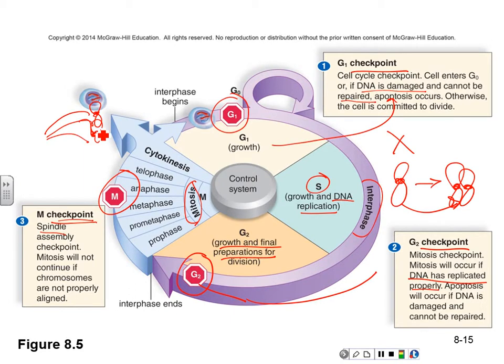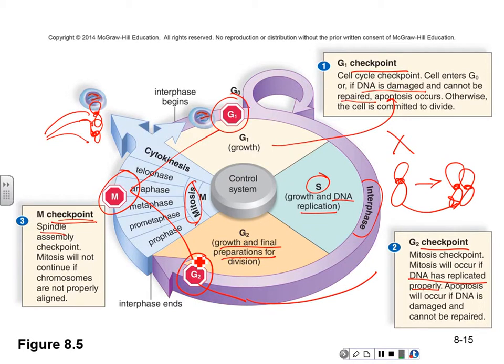So there are 3 checkpoints, and these 3 checkpoints ensure that we're not wasting time and energy if we're going to copy this cell. It would really stink if you waste all this time and energy to copy a cell, and the cell that you copy is bad. Then you have 2 bad cells instead of having 1, right? So these cell cycle checkpoints are there to make sure that everything is progressing properly.